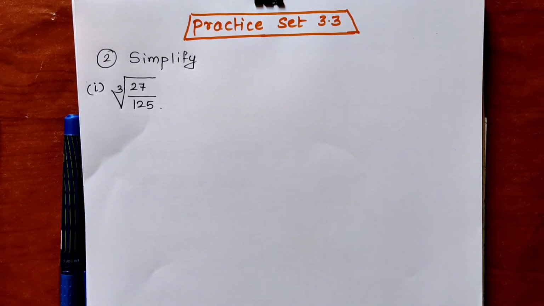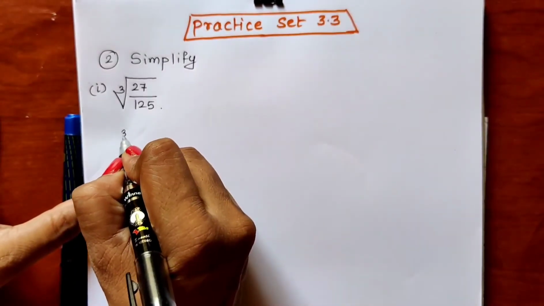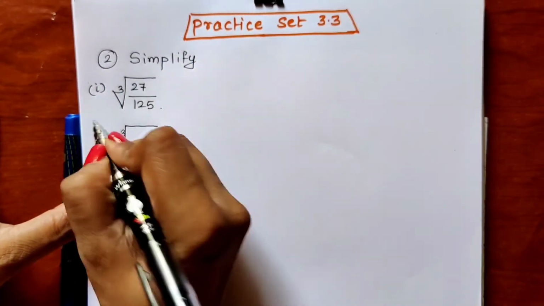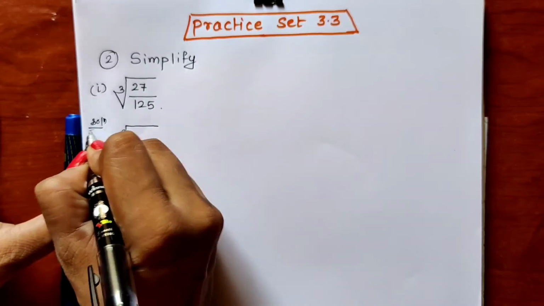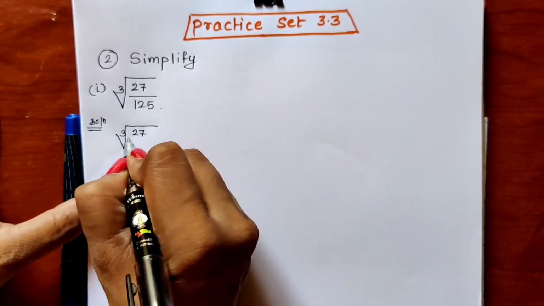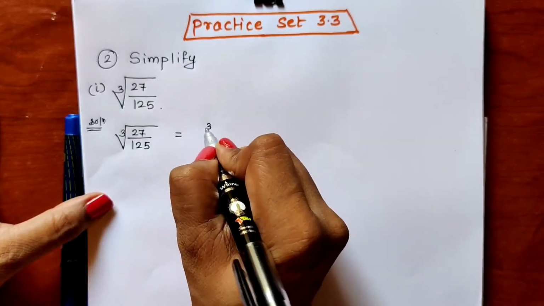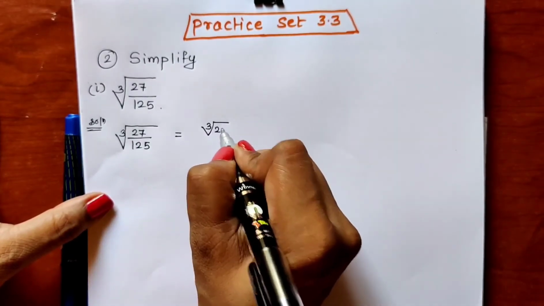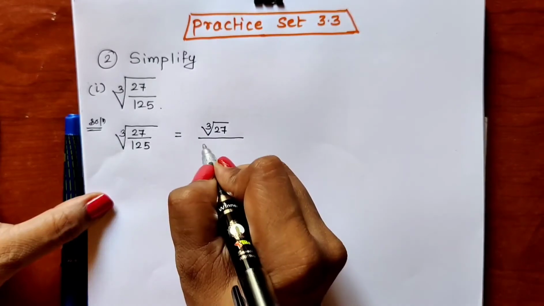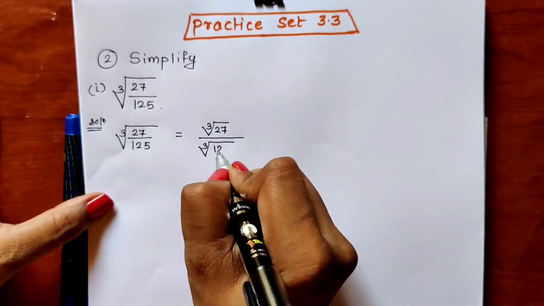Very small numbers are these. So the solution: cube root of 27 upon 125. We can separate the numerator and denominator and write it like this: cube root of 27 upon cube root of 125.